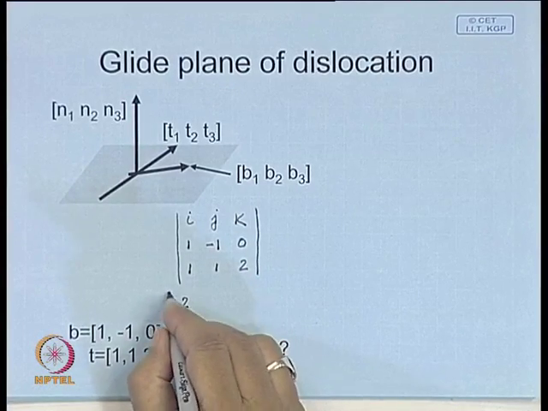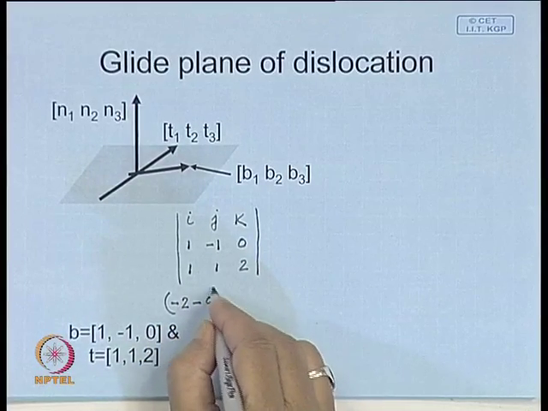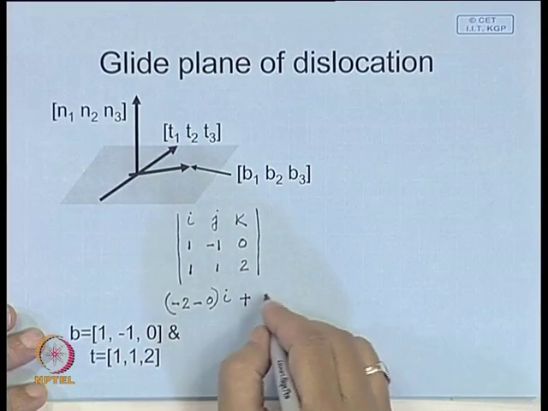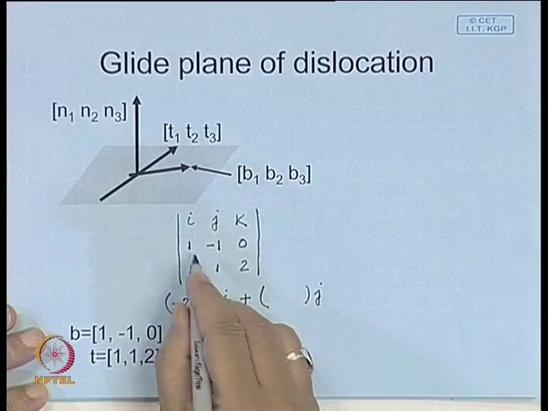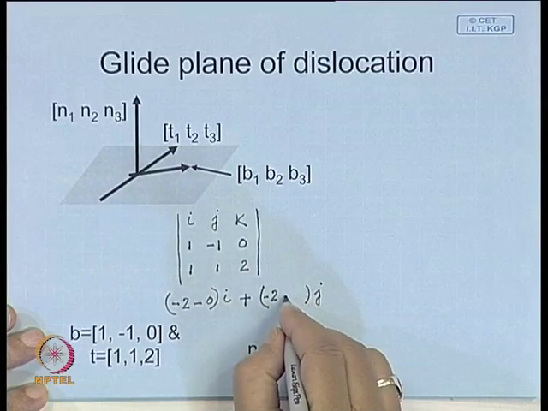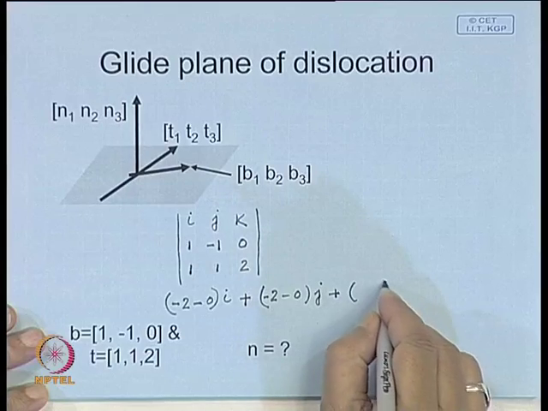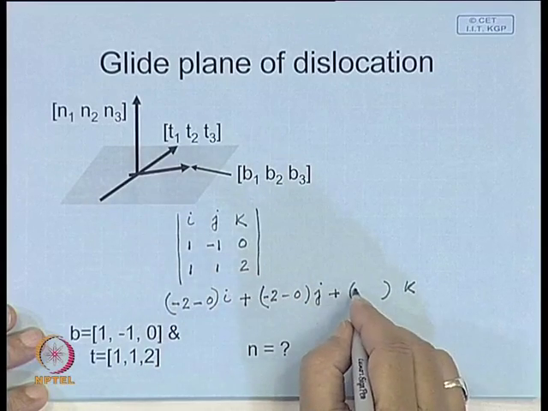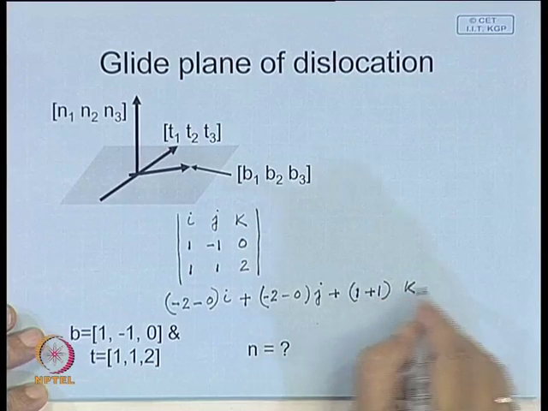minus 2 minus 0 i, plus j, this will be minus 2 minus 0, plus k, this is 1 plus 1.